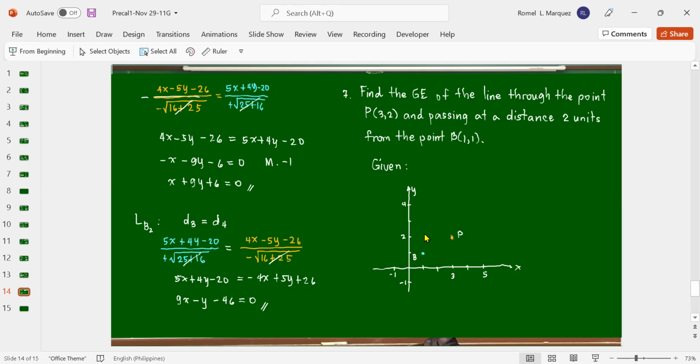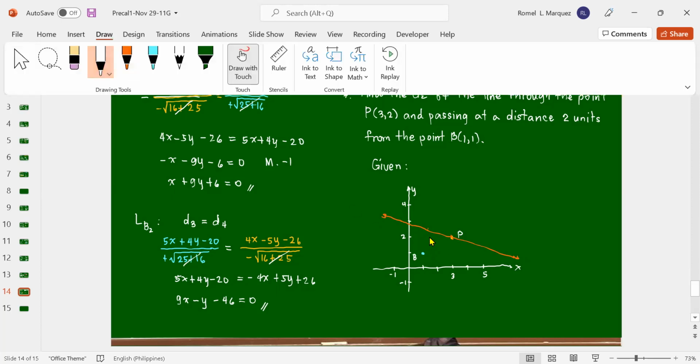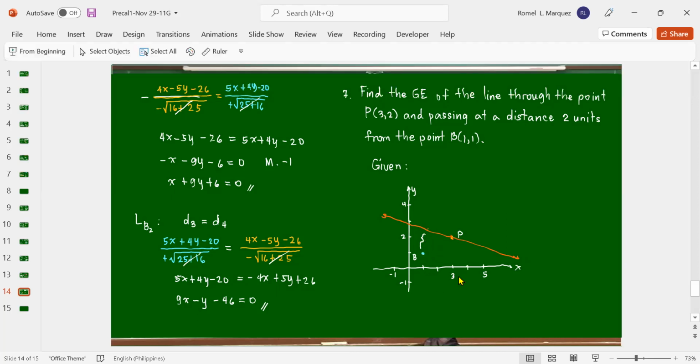Let's have just an approximate location of the line. So this is my approximate line. How far is this from the given point? 2 units, no, guys? So this is 2 units. Clear?